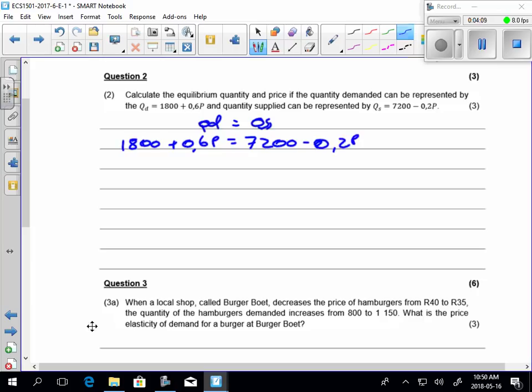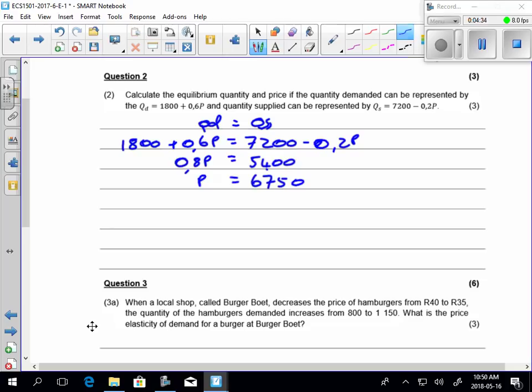All right. So take your price over to the other side. You got 0.8p is equal to 7,200 minus 1,800. So you should get an answer of 5400. And if you divide 5400 by 0.8, you should get an answer of 6750.